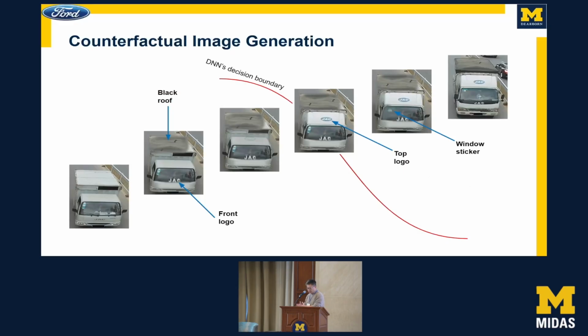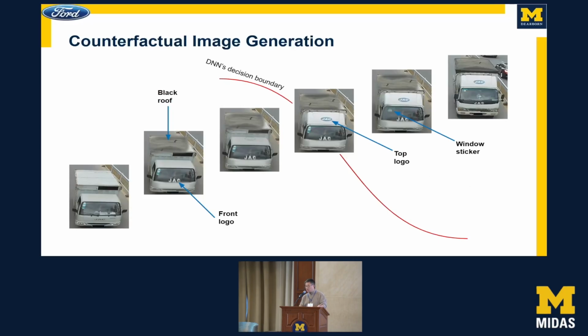You can say more and more features will be added in the image. First, the roof color becomes black, and the front logo is different from the first vehicle, and more, and then the top logo appears, and another is the window stickers.